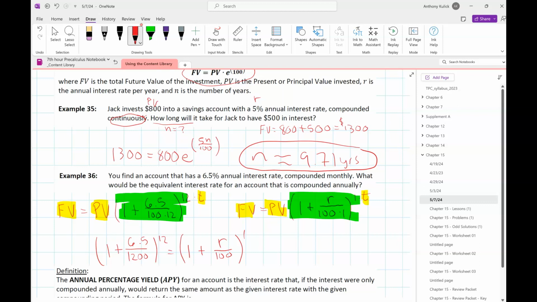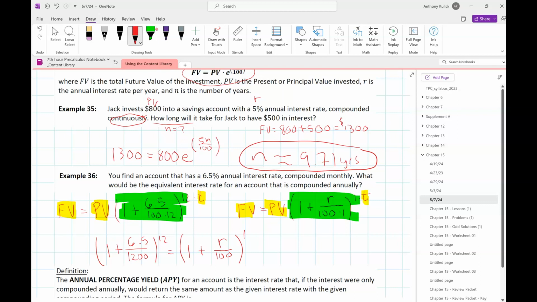How am I going to solve for R? What's one way I could do it? Could graph both onto the calculator and find the intersection. But this is really not too big of a deal because that exponent of 1, does that really matter? Does the parenthesis really need to be there? Not really.